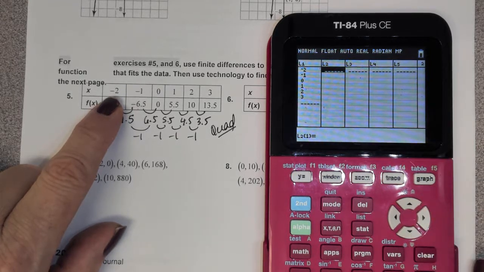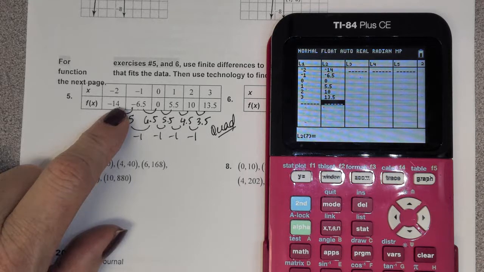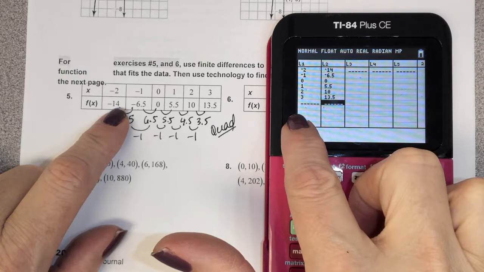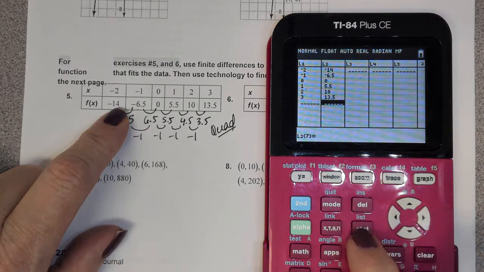Arrow over, go to L2. You're going to put in all the y's: -14, -6.5, 0, 5.5, 10, and 13.5. You want to double check and make sure you have the same number in L sub 1 as you do in L sub 2.